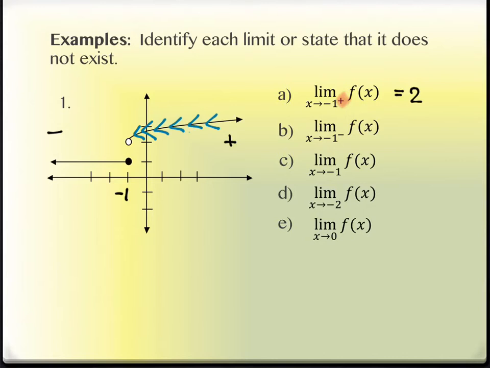All right, so on the other side, part B says I'm approaching from the left. So this time, we're over here, somewhere before or to the left of -1. And as I'm walking from the left side to -1, what value am I approaching? 1.